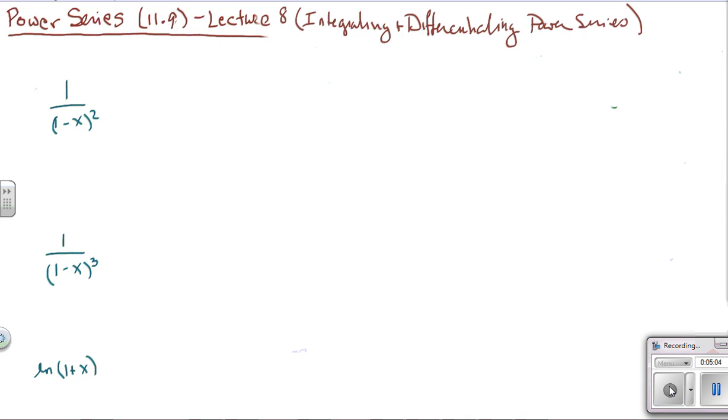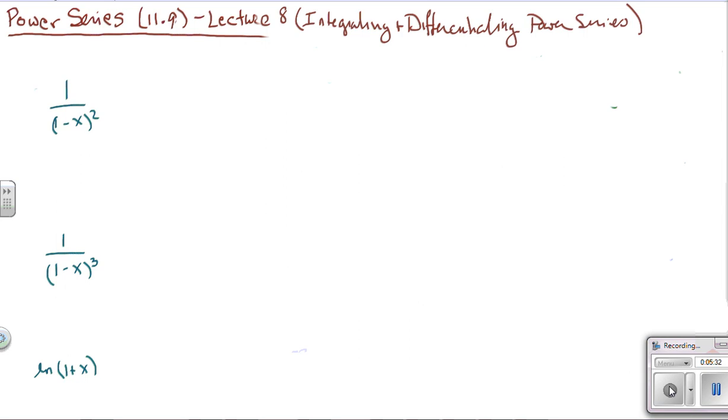So last recording, of course, we did some examples where we recognized the power series expansion of something that looked like a geometric series. So now we're going to look at things that aren't really geometric series but are related to geometric series either by integrating or differentiating. So here's a couple of examples here.